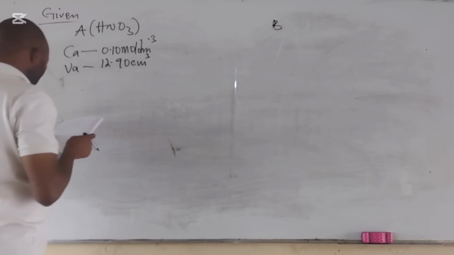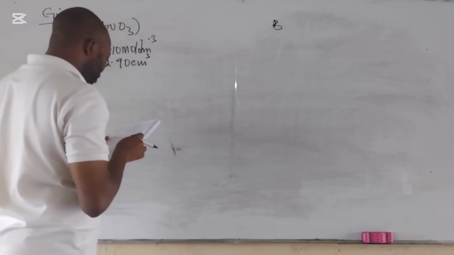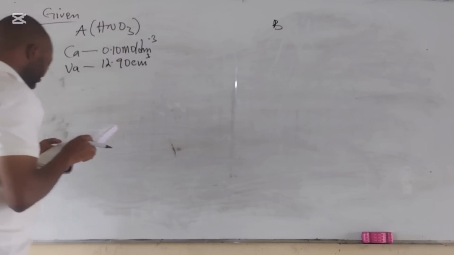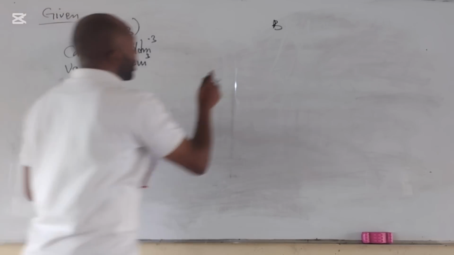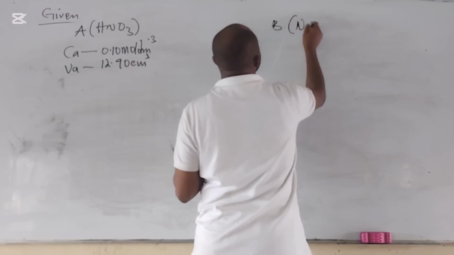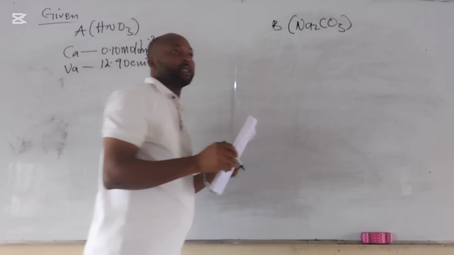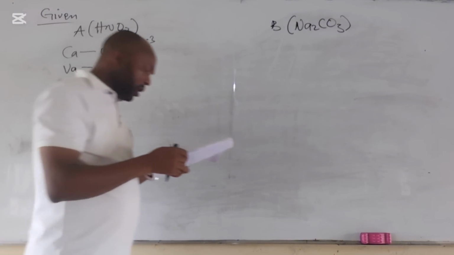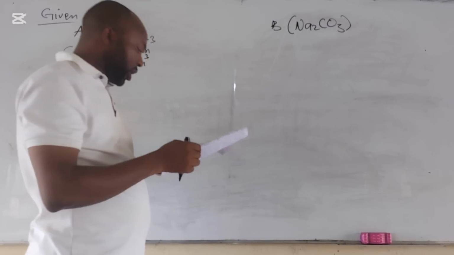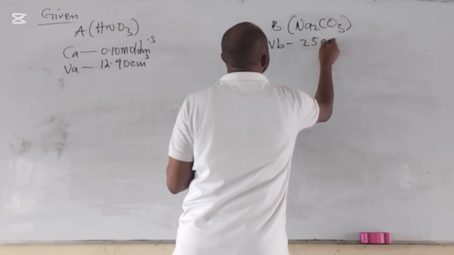B is a solution of anhydrous trioxocarbonate(IV), so Na2CO3 does not contain water in it. Let's see where the water is going to come. And the volume of the base, VB, is given to be 25 cm cube.